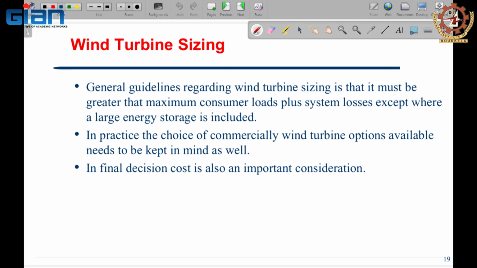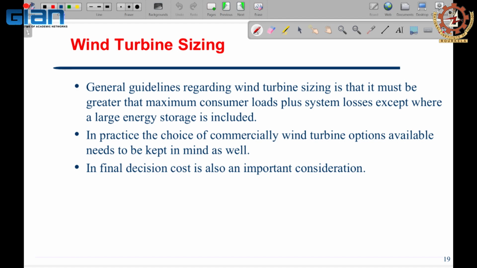Now talking about wind turbine sizing. When in a hybrid power system you have to decide the size of the different components, talking a little bit about design.